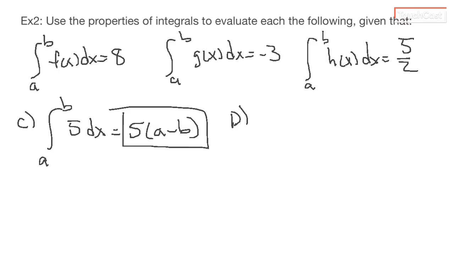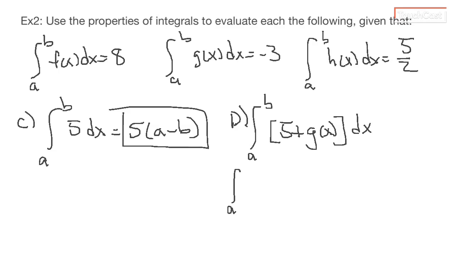So part D, we've got the integral from a to b of 5 plus g of x with respect to x. So this now utilizes a couple of our properties. First, this is looking like property 6, so we can break it up and say it's the integral from a to b of 5 with respect to x plus the integral from a to b of g of x with respect to x.